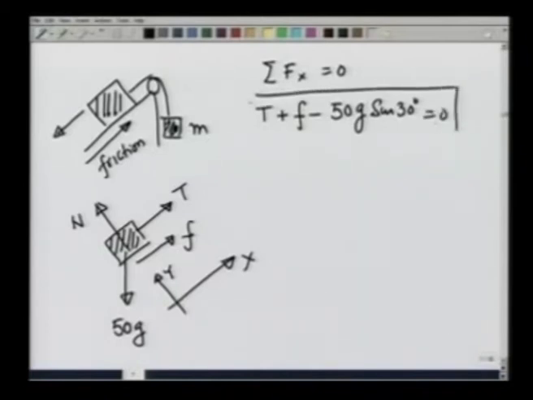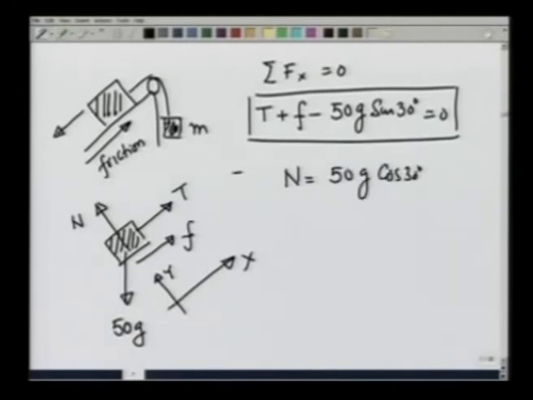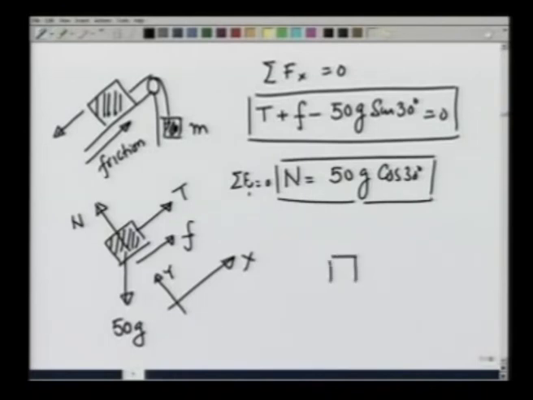That is one equation, and the other equation that I have is N is equal to 50 g cosine of 30 degrees, that comes from summation Fy equal to 0. If I look at the equilibrium of small mass m, this has only two forces, T and mg, pulling it. So, T must be equal to mg for equilibrium.